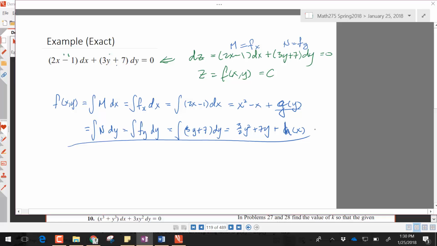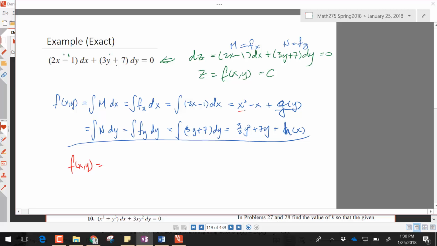So now what you want to do is see if there's anything that matches up and see what the original function might have been. And this is where my method gets a little bit tricky versus the book's method, which I think is a little bit more straightforward. But I like to look at this and compare what functions are missing and what functions are supposed to be accounted for.